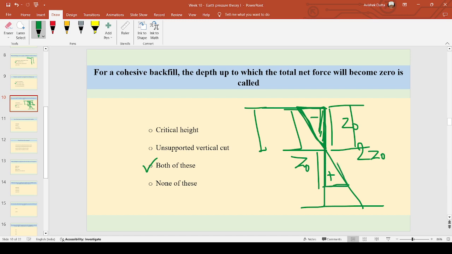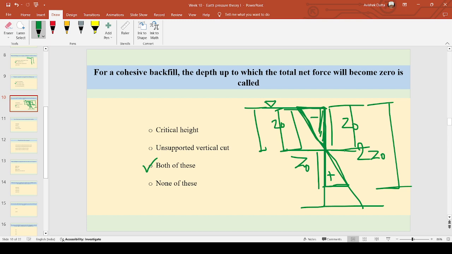This area is mitigated by the next triangle, where it experiences a positive pressure. So here pressure is 0, but this is the ultimate height at which it can sustain itself. From the ground surface, this is the depth of tension crack, and at the depth of Z0 the pressure will be 0.